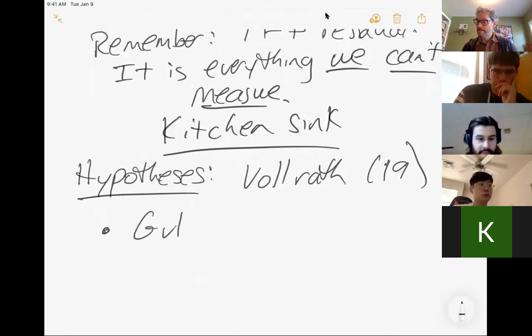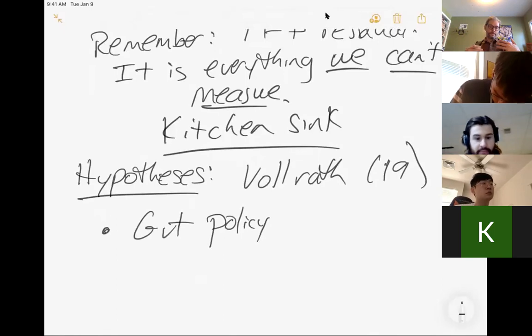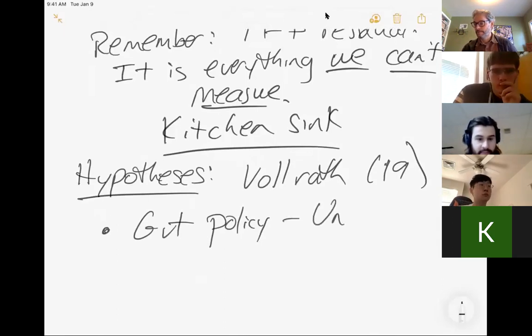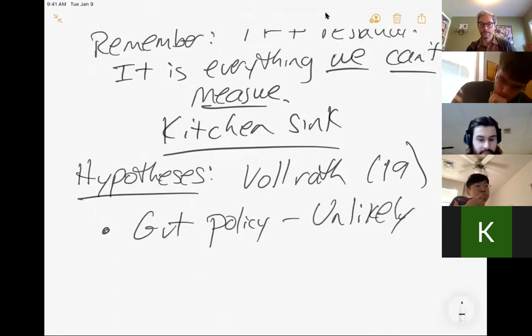Many people have talked about government policy. For instance, the fact that the government's more intrusive, or government regulation, or taxes. I'm going to put this in the unlikely category. The reason it's hard to think about government policy as a cause of the slowdown is because it's happening across the globe.